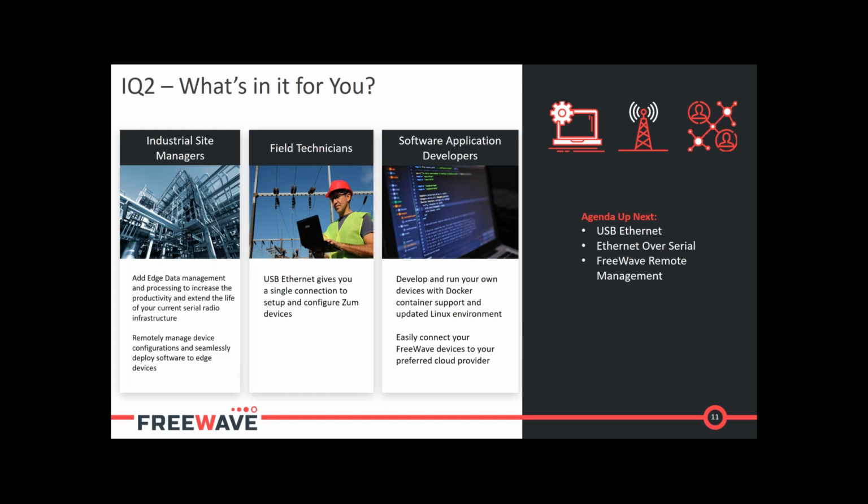So we have additional edge data management and processing to increase productivity of your devices in your operation and extend the life of your current serial radio infrastructure. And also new for FreeWave, the ability to more easily remotely manage your devices and more seamlessly update and deploy software out to your edge devices.